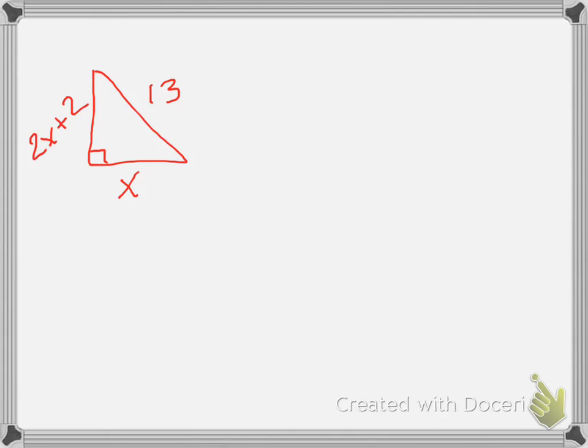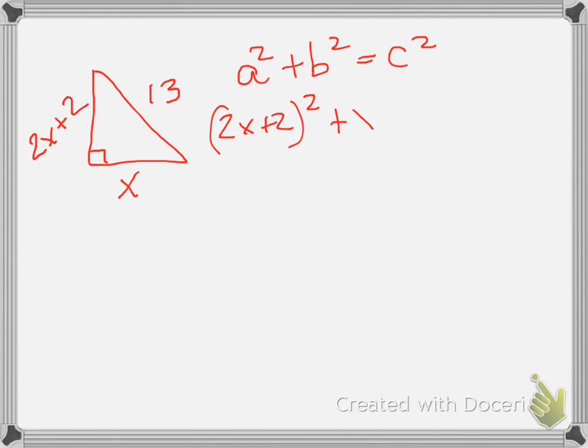If it's a right triangle, I know that a squared plus b squared equals c squared, where a and b are the two legs that make the 90 degree angle. So I have (2x plus 2) squared plus x squared equals 13 squared.